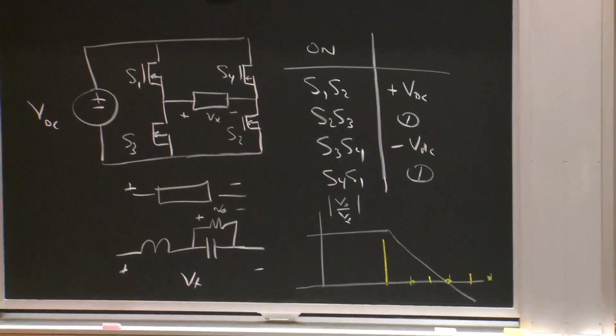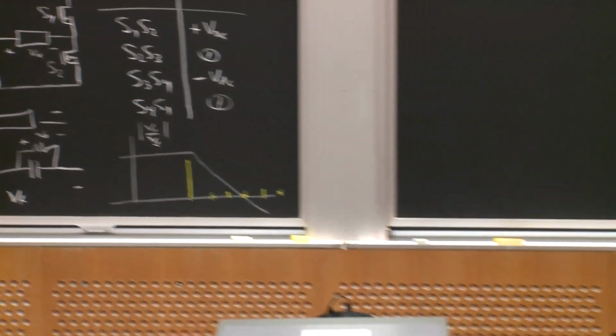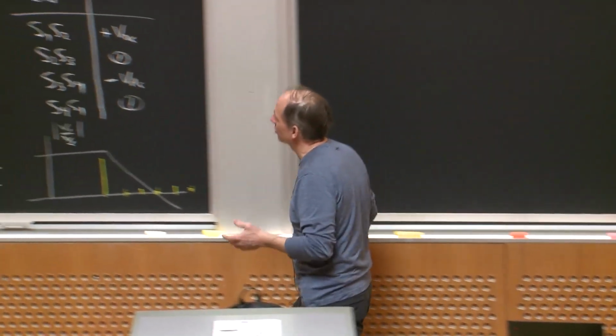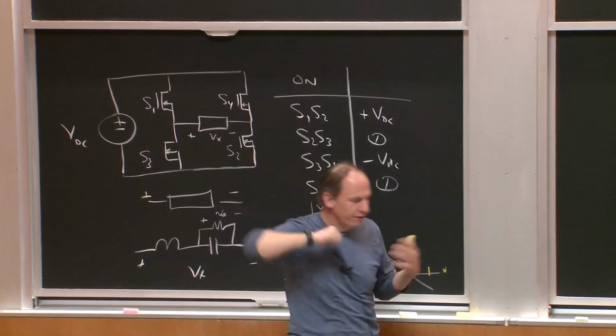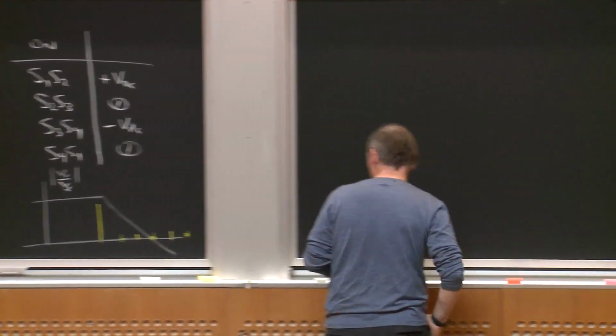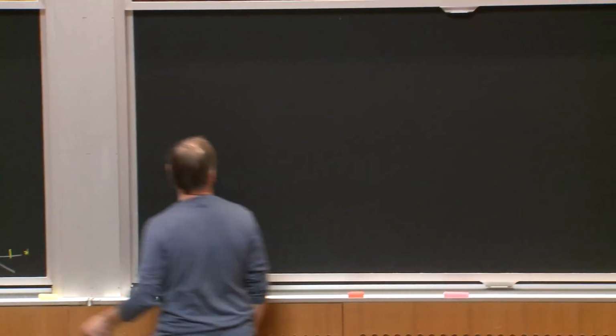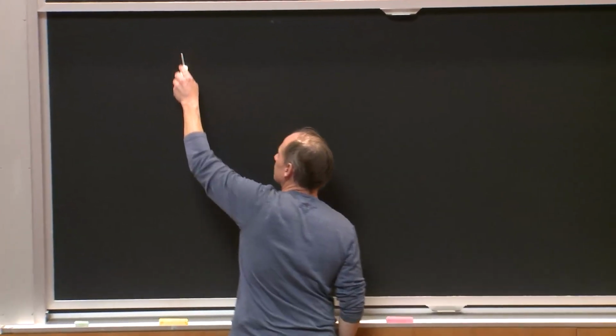What we saw last time was one more trick. We said I can synthesize 0, plus, and minus. If I only switch once per cycle, I can create a waveform that looks like this.